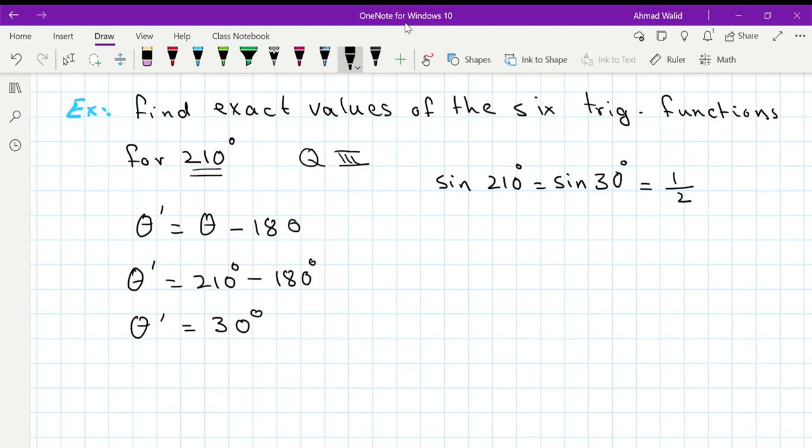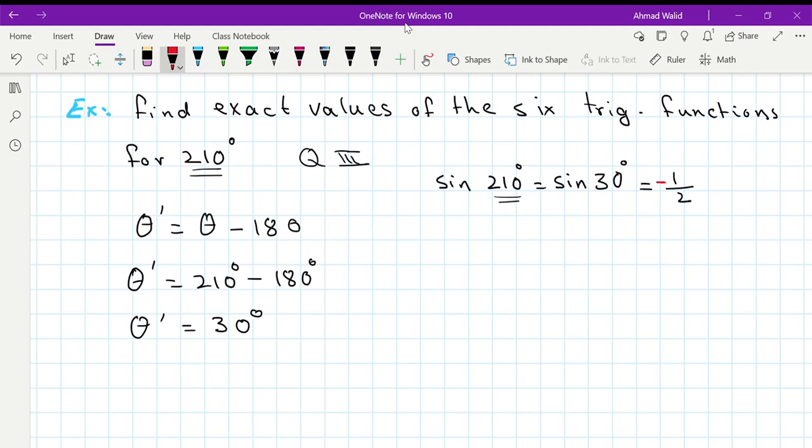Because 30 degrees is in quadrant 1, and all trigonometric functions in quadrant 1 are positive. But your 210 lies in quadrant 3, so I'll put a negative here. Sine of 210 is actually negative 1/2, because I'm in quadrant 3.